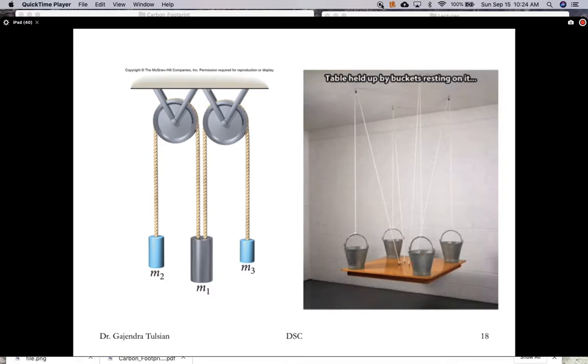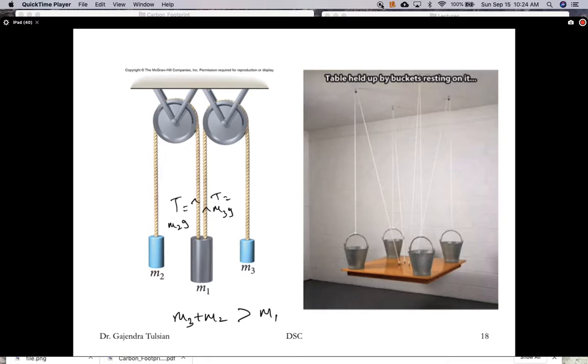Okay, so here's a cute little thing. Now, as long as these masses are greater than this mass, so what we are saying is if m3 plus m2 is greater than m1, then the tension in this string will be m3g, and tension in this one would be m2g.